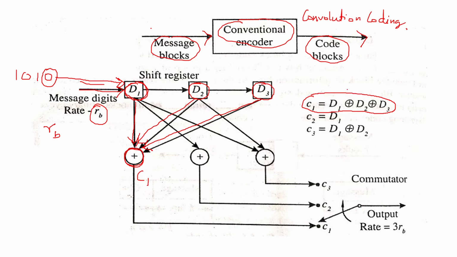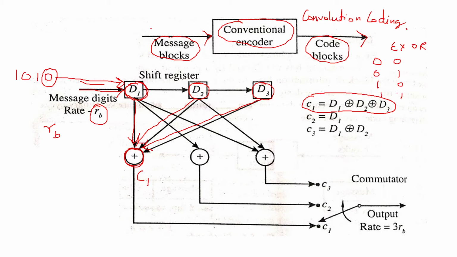This is modulo 2 addition. It is nothing but your XOR gates. Now in XOR gate, what will happen? If you see the XOR gate truth table, if the input is 0, 0, if the input is 0, 1, if the input is 1, 0, if the input is 1, 1, what will happen?